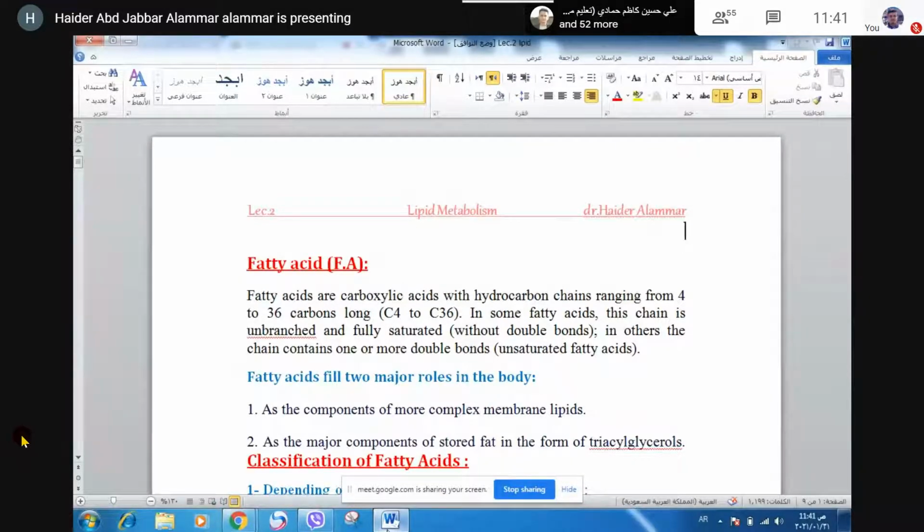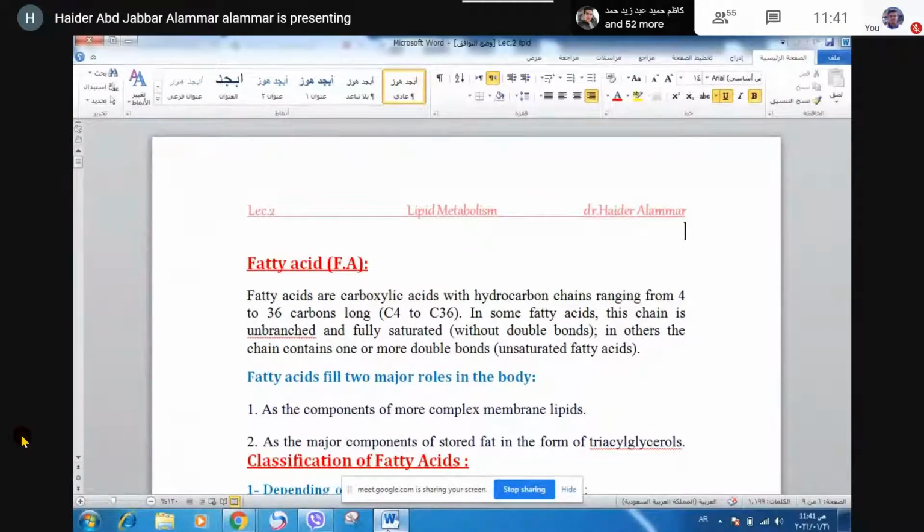Fatty acids fill two major roles in our body. The first important one is as a component of more complex lipids, as we said in the last lecture, a building block of the bilayer cell membrane in the form of phospholipid or cholesterol ester, both of them associated with fatty acid.